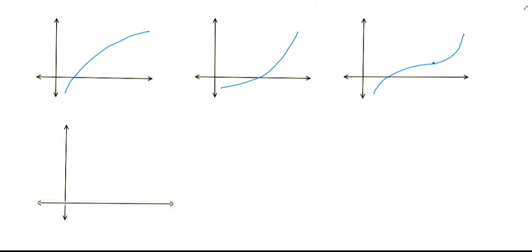Now let's take another graph. At this point the derivative does not exist, or we can say the function is not differentiable, and also at this point the function is not differentiable. Then also it is a strictly increasing function because it is fulfilling the condition of a strictly increasing function.